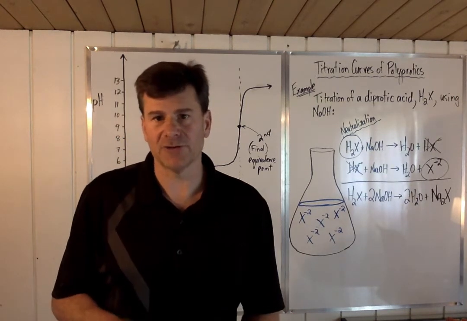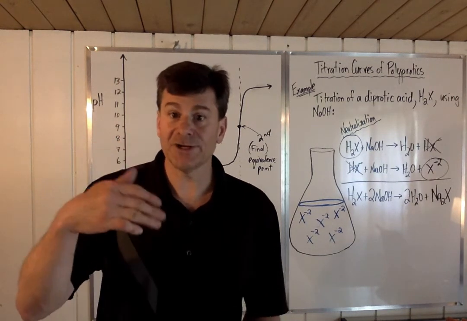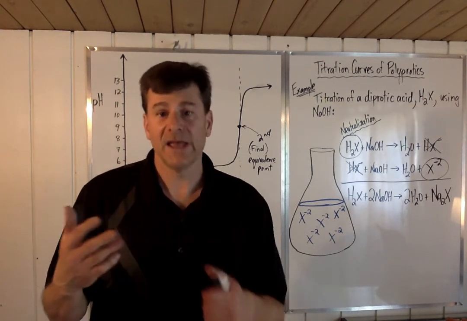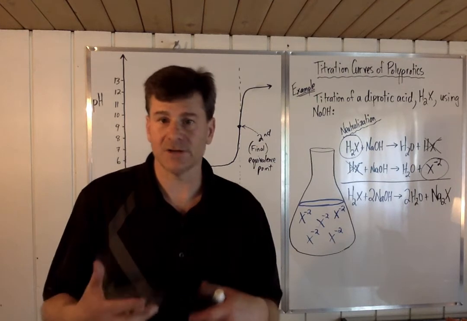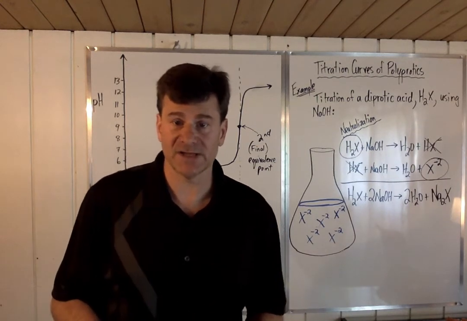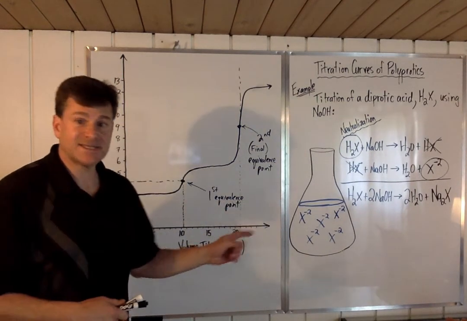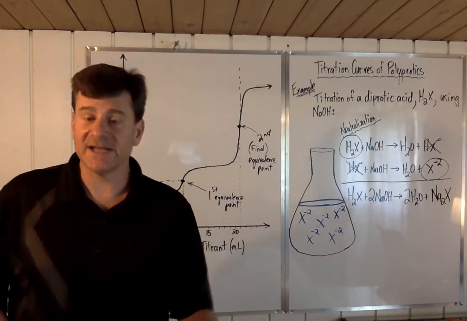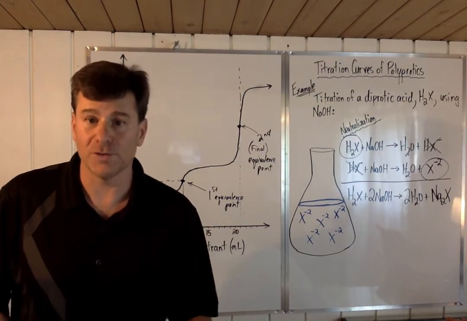It takes 2 sodium hydroxides. But when you're doing the titration, it happens in 2 individual steps, because H2X and HX minus are different strengths. They give up their H's differently, and so you actually see that on the curve, and it helps you identify what that unknown is.